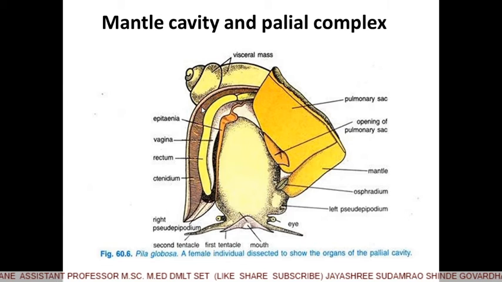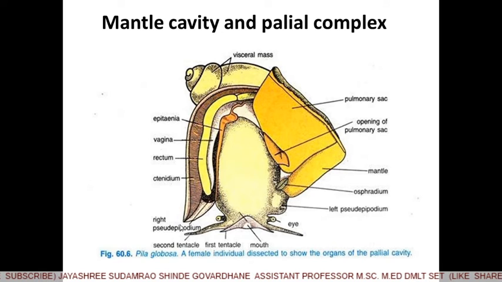Now see what the pallial complex includes. It includes the epithelium, then pulmonary sac or lung, osphradium, then ctenidium or gill, rectum, genital organs or duct. It is also part of the kidney.